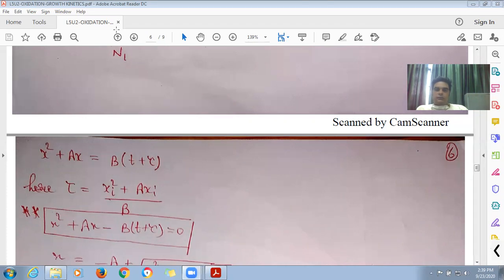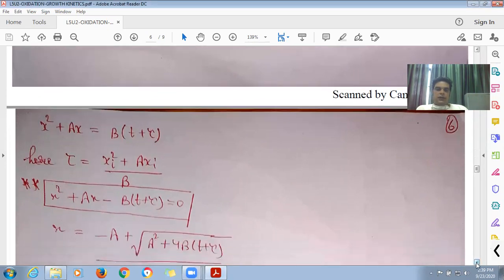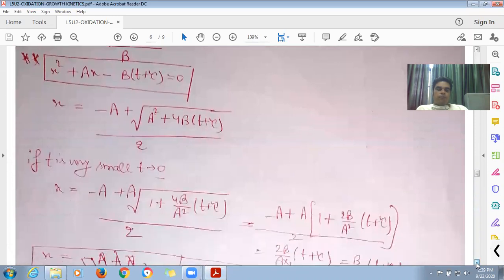If I further rewrite this equation by taking a square common from here, I will get this equation. Okay. So if time is very small, meaning the oxidation process is done for a very short amount of time, what will happen?